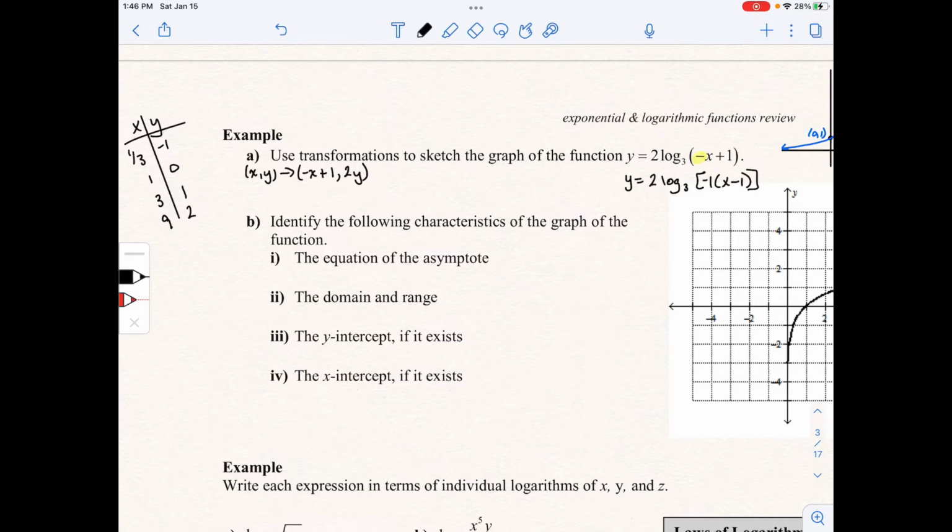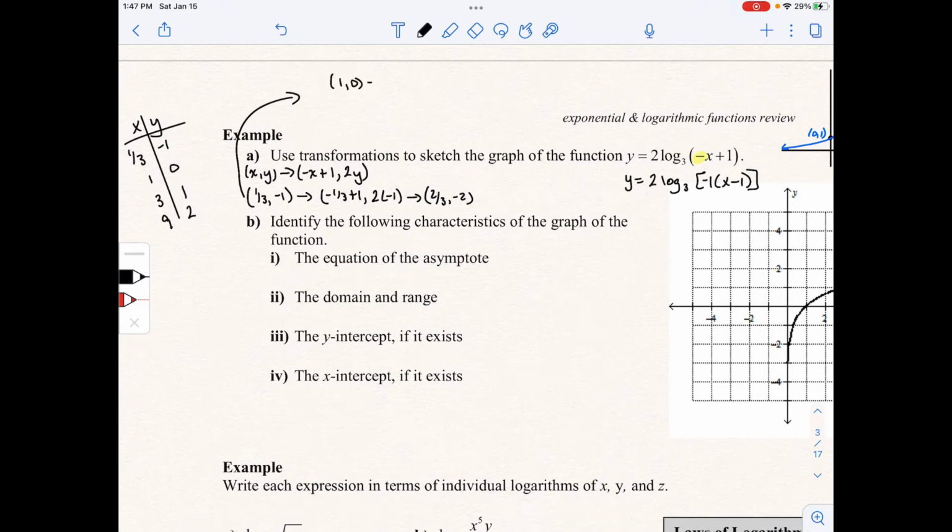So if I take my point 1/3, negative 1, that's going to become negative 1/3 plus 1, and 2 times negative 1, which will give us 2/3 and -2.